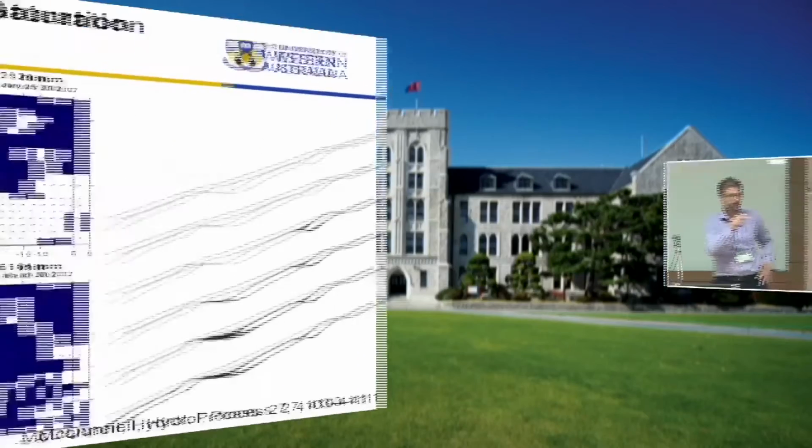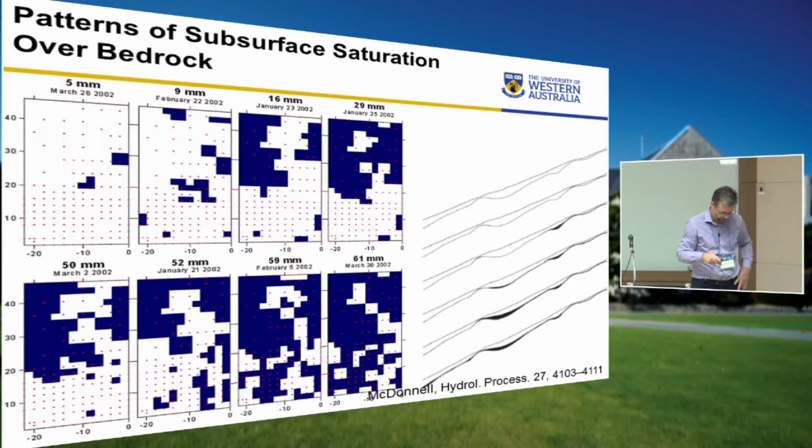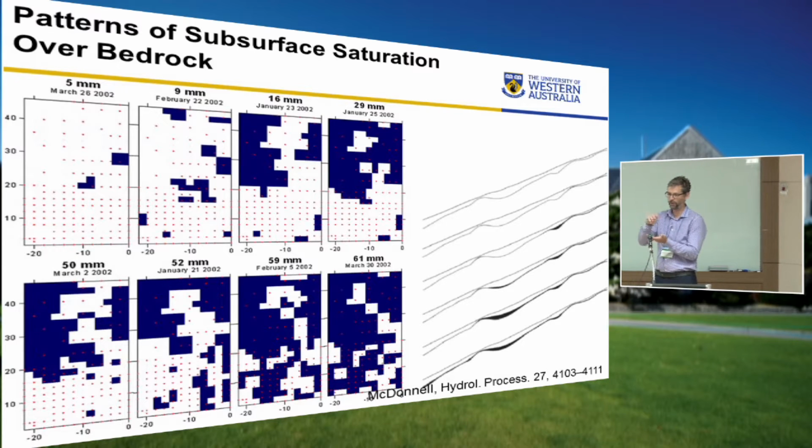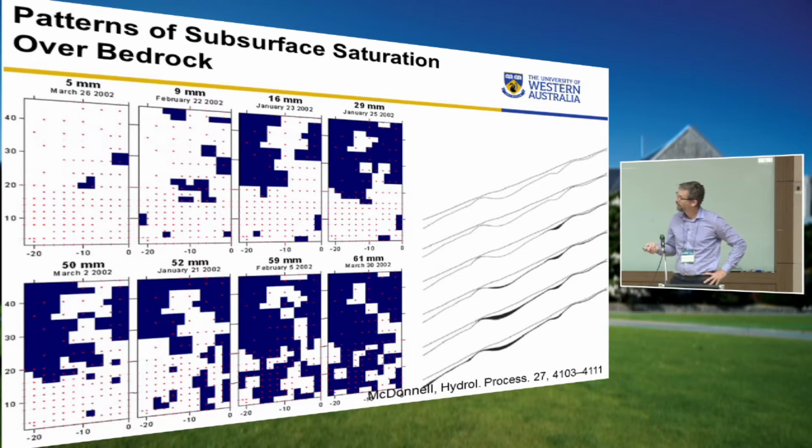So from those piezometers that he has over the whole hill slope, he sees patterns that emerge in the degree of saturation at the bedrock, at the interface between the soil and the rock. And so for 5 mm rainfall events, you see very little amounts of saturation, which is the blue.